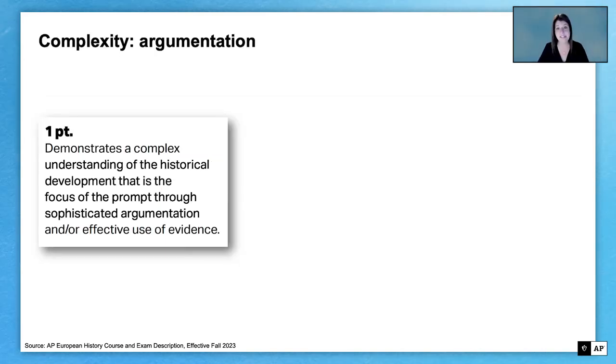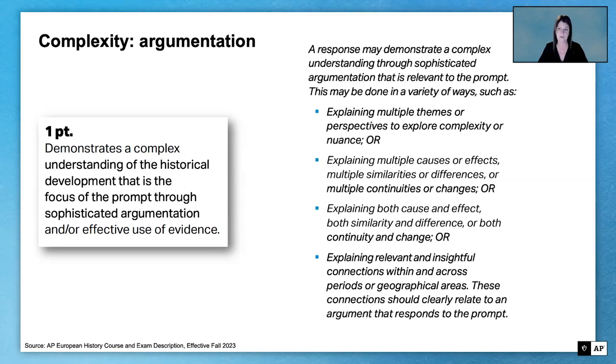Then there is a second point under analysis and reasoning, the complexity point, for a student to demonstrate a complex understanding of the historical development that is the focus of the prompt through sophisticated argumentation and/or effective use of evidence. There are multiple ways students are able to do this. They can explain multiple themes or perspectives.